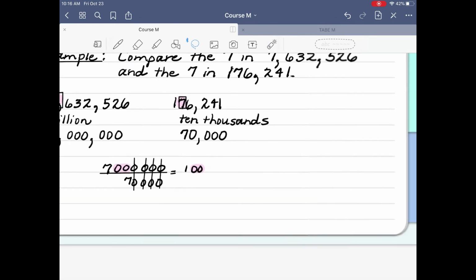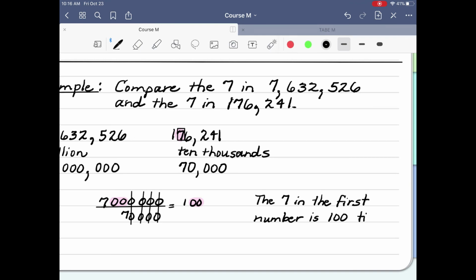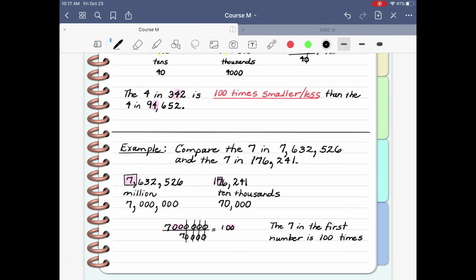And let's write our answer in the form we need to. So we would say the 7 in the first number, and I'm just going to put it that way. The 7 in the first number is 100 times. We have to decide if it's bigger or smaller. So you just look at your 2 numbers here.